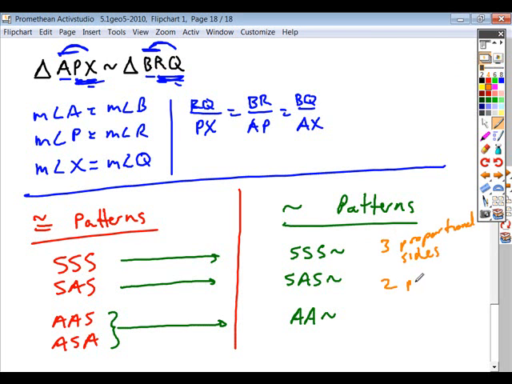If you have two proportional sides and the included angle are equal, then you have similarity of triangles. Yeah, sorry. And so if two sides are proportional and the included angles are equal to each other, you have similarity. And I'll go through and kind of demonstrate each of these.